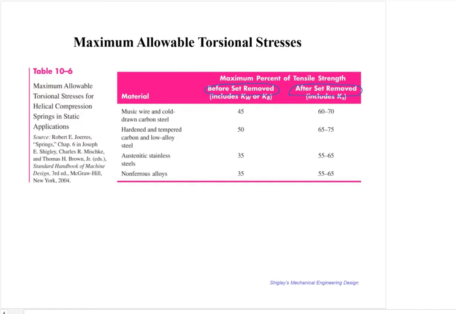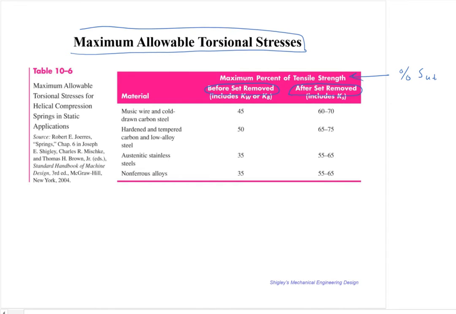This is as a maximum percent of tensile strength, so that's a percent of SUT, just to clarify. And this is the maximum allowable torsional stress. So you can go back to slide 3 or 4 or whatever it was and calculate your torsional stress, and then compare that to this percent of the ultimate tensile strength to see if your spring is going to survive.